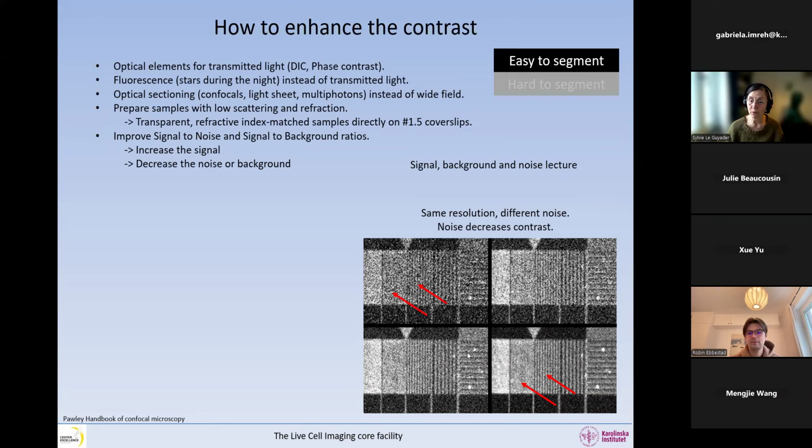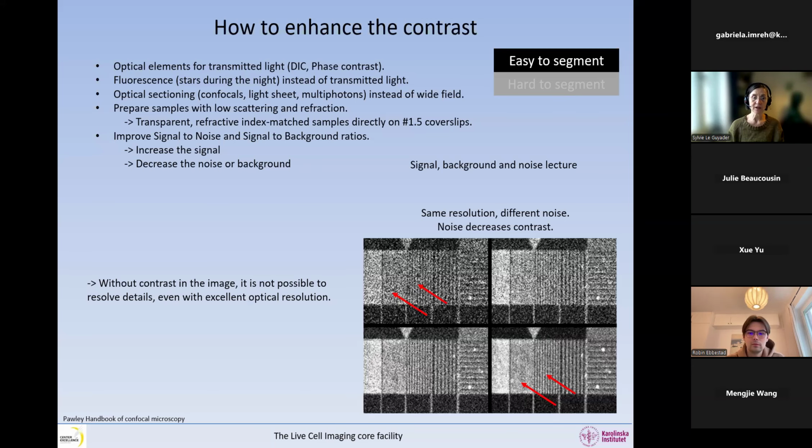And now if we work on things, let's say, to decrease the noise, and we will talk about it later, we can see that the objective does resolve these lines. We can see them now that the noise is reduced. We can see the very fine lines here. So we can use the optical resolution when we decrease the noise. Otherwise, the noise can hide and prevent us from using the optical resolution.